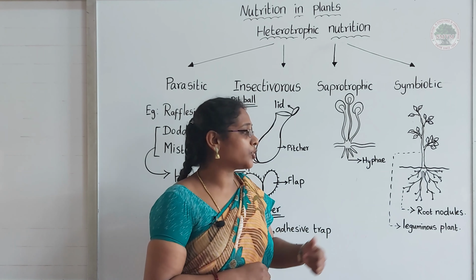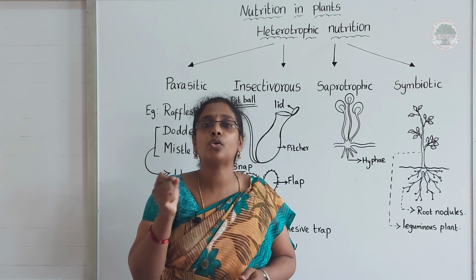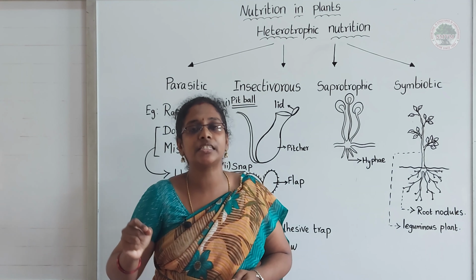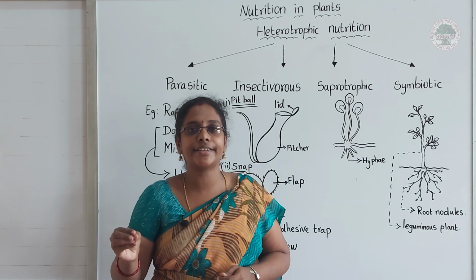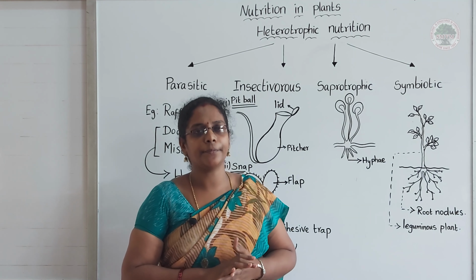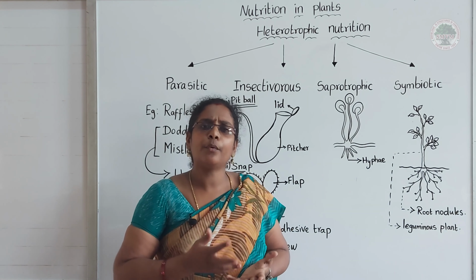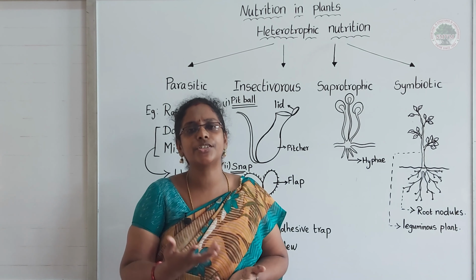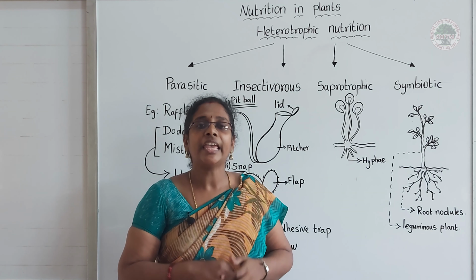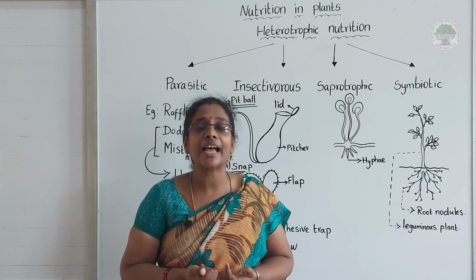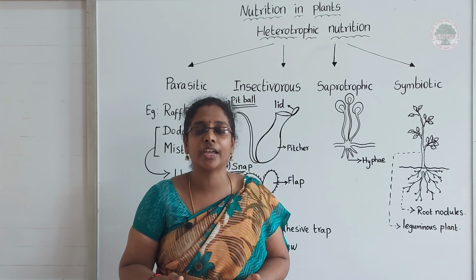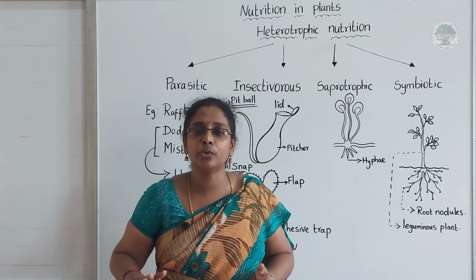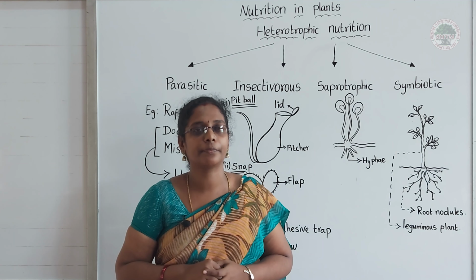How does the leguminous plant benefit from the Rhizobium bacteria? Rhizobium is also called a nitrogen-fixing bacteria. It fixes atmospheric nitrogen in the soil. Why does it have to fix nitrogen in the soil? Even though the atmosphere has more than 70 percent nitrogen, the plants cannot use it as such.